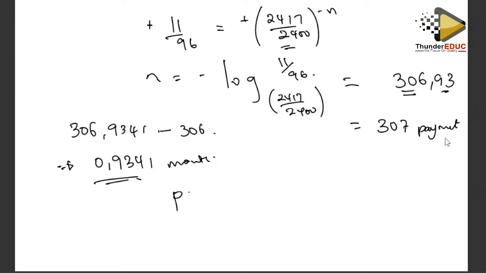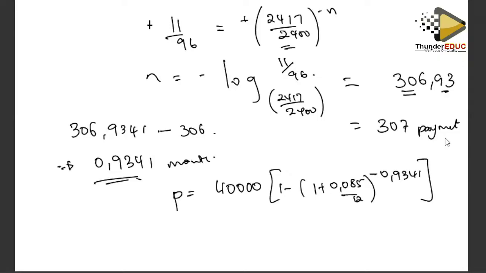So we're going to look for the present value, meaning that I'm going to use our 40,000 into 1 minus 1 plus 0.085 over 12, to the exponent of negative 0.9341.